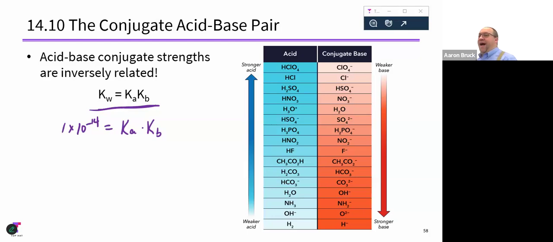So on the high end of the scale here, where we've got our super strong acids, those conjugate bases actually have no impact on the pH of water. We would consider them neutral ions.